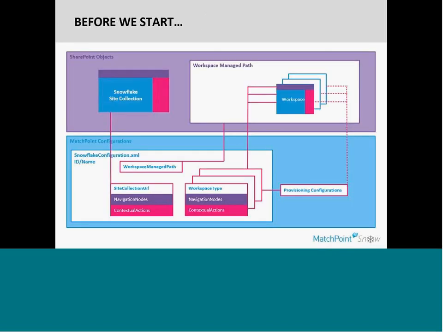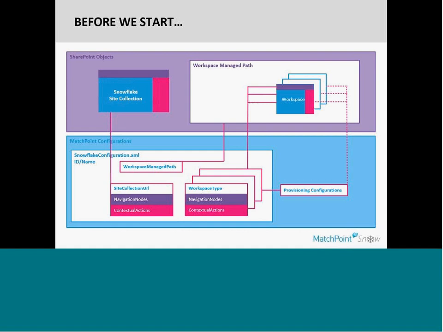Before we actually get started, I would like to come back to the slide which Toby already showed a couple of minutes ago. I think it's important to recap what a snowflake actually is. We have the SharePoint objects. That's the Snowflake site collection, which hosts the landing pages and all the features and web parts and pages related to the functionality of your Snowflake.